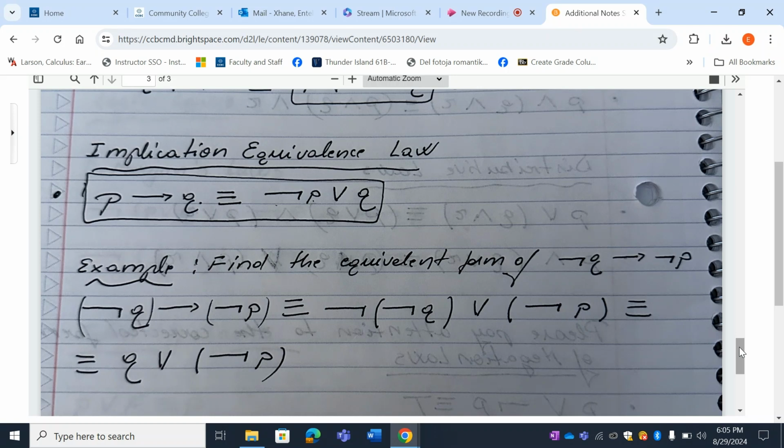So this becomes a double negation of Q, or not P. But according to the double negation law, negating not Q becomes a Q, or stays the same, not P. So the statement not Q implies not P is the same as Q or not P.